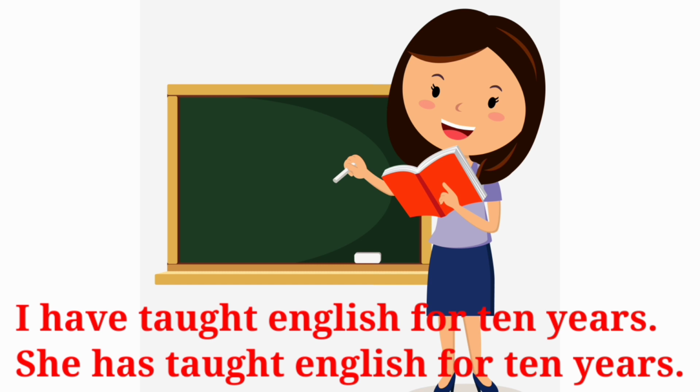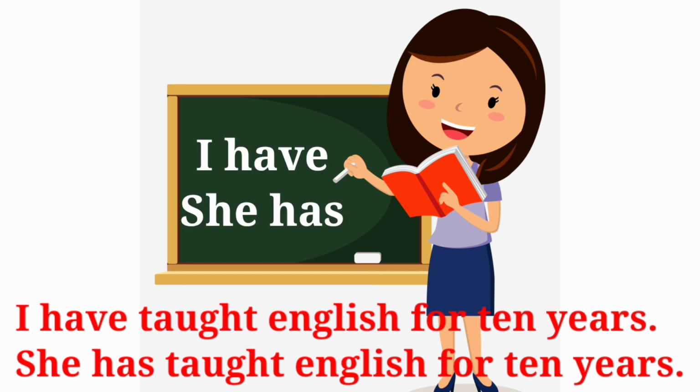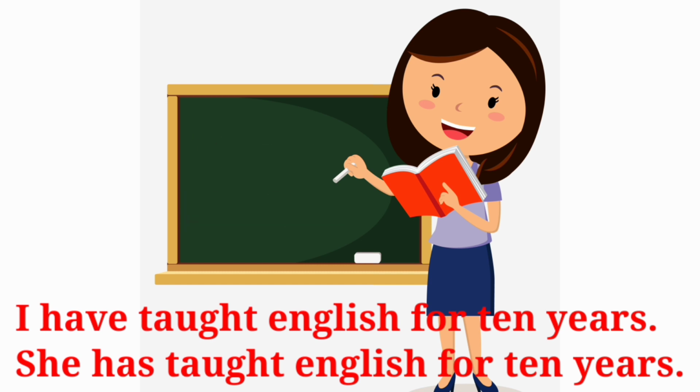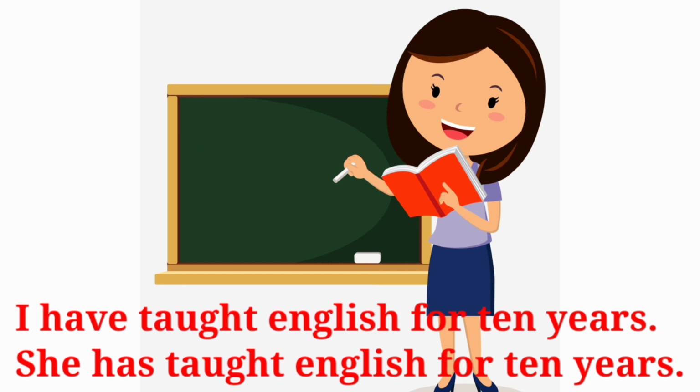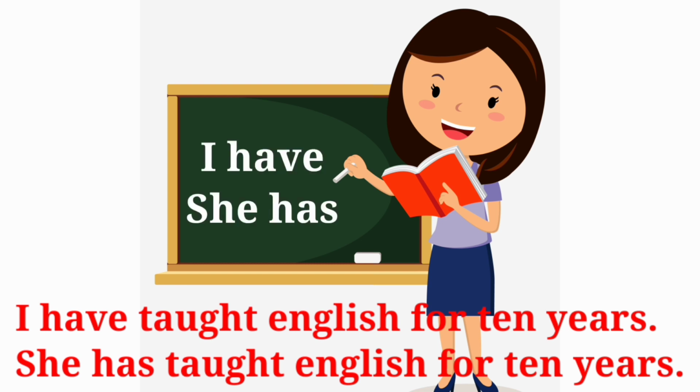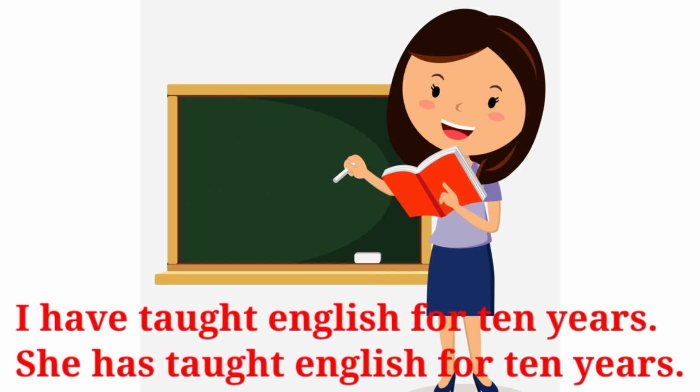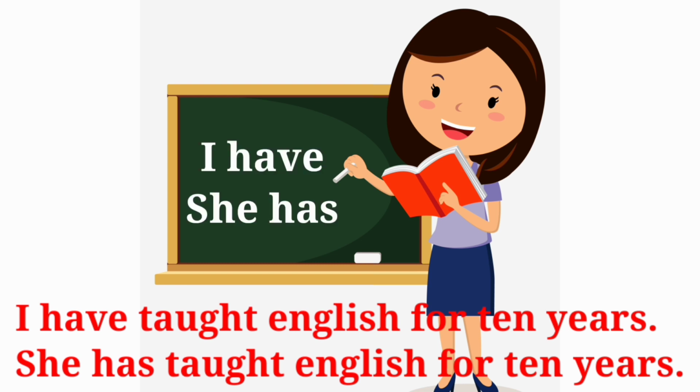The only difference is the subject, which is I here and she here. Because the subject is I, the verb is have, and because the subject is she, the verb is has. That is the only difference here. So all of these are sentences in the present perfect tense.